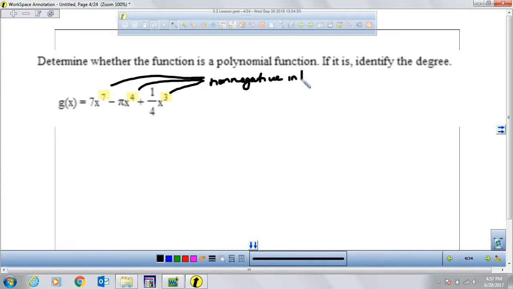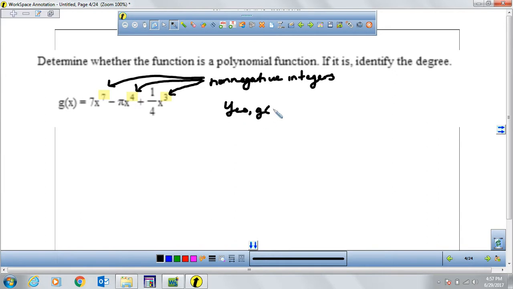And that's basically what we need to have in order for this to be a polynomial function. As long as the coefficients are real and the exponents are non-negative integers, then we can say that yes, g of x is a polynomial function.